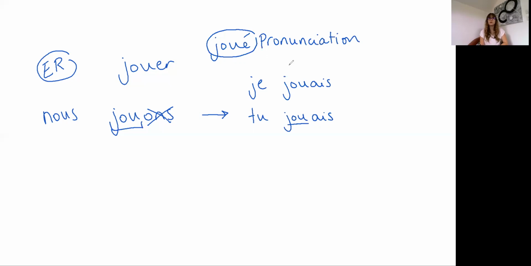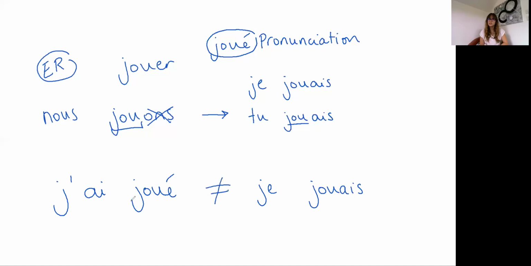So when you hear someone say je jouais, you need to be really clear on the context, because native speakers will really make a difference in pronunciation between j'ai joué, which is the perfect tense, and je jouais. A native speaker will definitely hear the difference between the two. But because we are learning French here, sometimes we get confused between the pronunciation of the two.